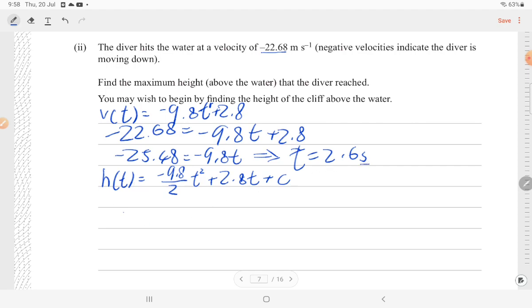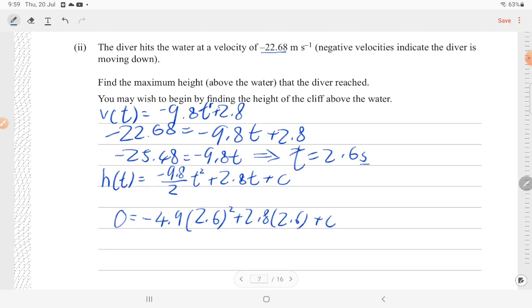So height of 0 is equal to negative 9.8 divided by 2, which is negative 4.9, times 2.6 squared, plus 2.8 times 2.6, plus c.